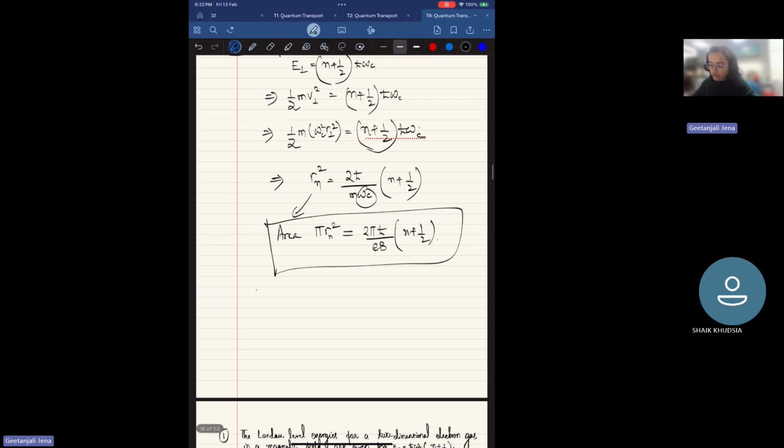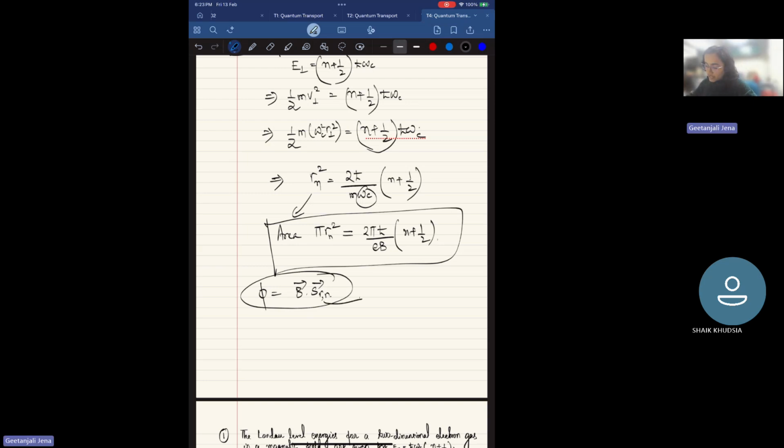So we can calculate the flux enclosed by any orbital in the real space. So flux, if you recall, no matter whether you are calculating the electric flux or the magnetic flux, is given by the dot product of the field with the area vector. So for magnetic flux, it is the dot product of the magnetic field with the area vector. This is the usual definition of flux.